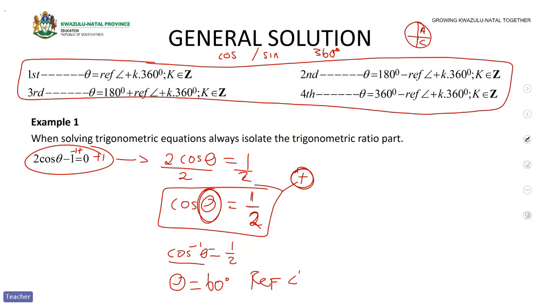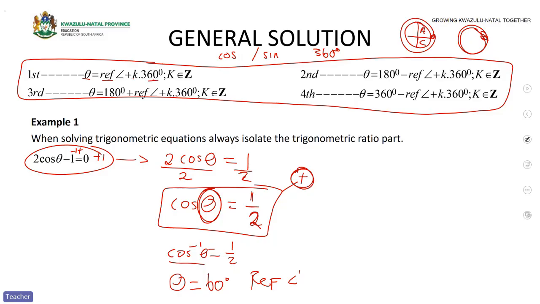So it takes 360 degrees for cos to complete a revolution or complete its wavelength, and it also takes sine 360 degrees to complete its wavelength. So that's why in our general solution for the first quadrant, it's theta equals the reference angle plus k times 360, where k is an element of all integers.